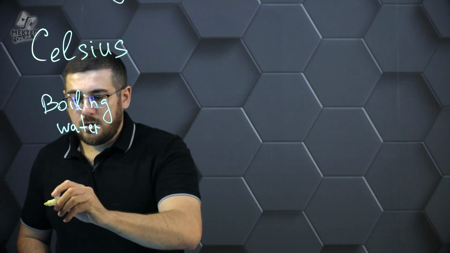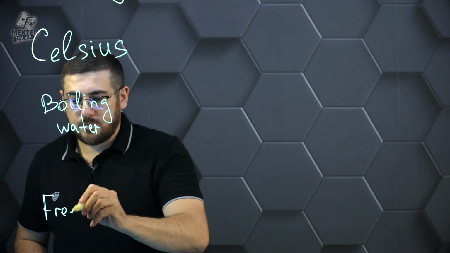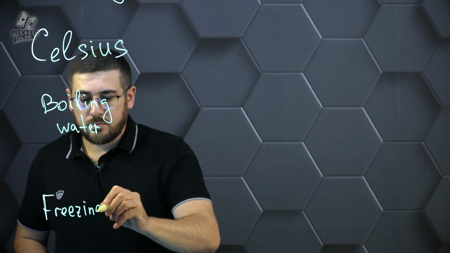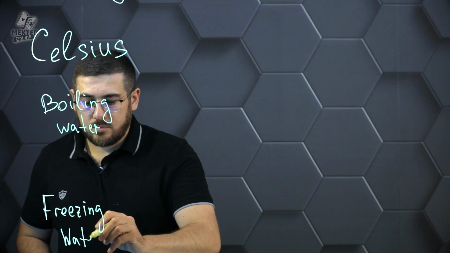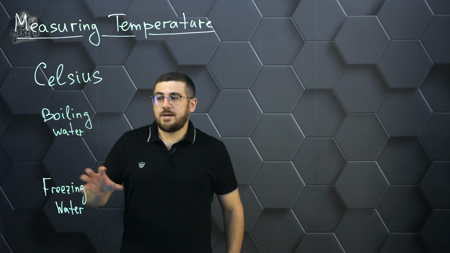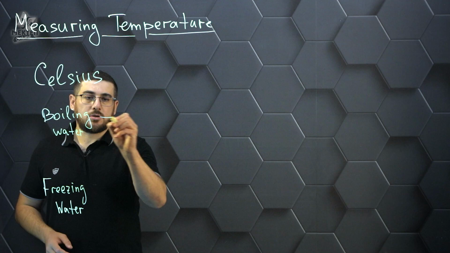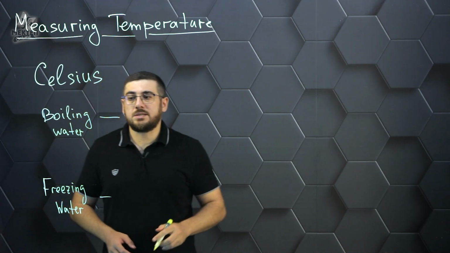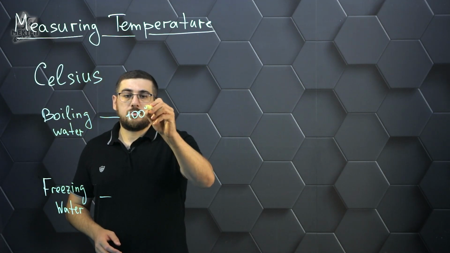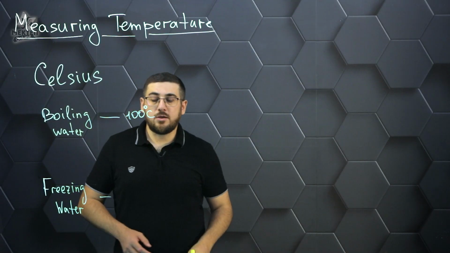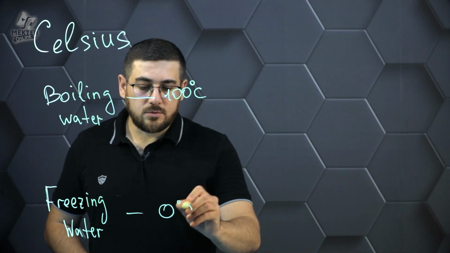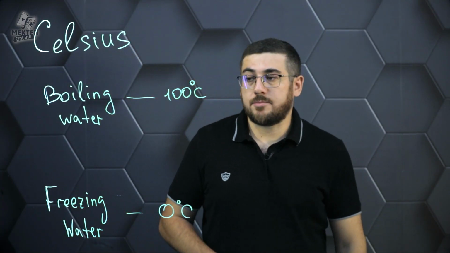So, if we look at two processes, this is the boiling of water and the freezing of water. The two processes occur at their own temperatures, which Celsius took to be about 100 degrees, that's the boiling point of water, and 0 degrees, which is the freezing point of water.